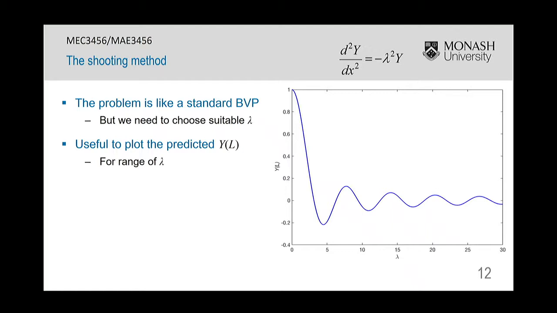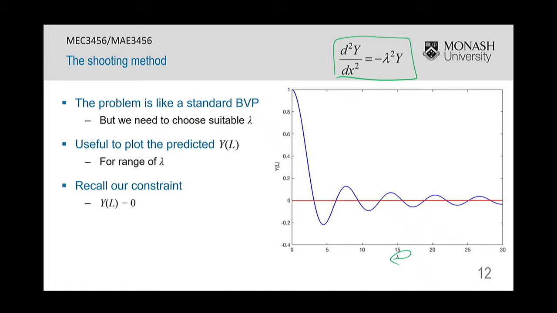So for example, in this problem here, if we integrate from x is equal to 0 to x is equal to L, and we see what the value at x is equal to L is, it's plotted in that blue curve there. And this is our chosen value of lambda. These are not eigenvalues yet, remember, this is just choosing arbitrary values of lambda. Our constraint is that y of x is equal to L is equal to 0.